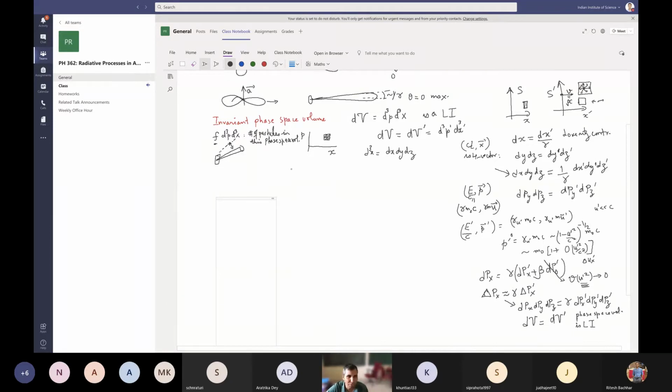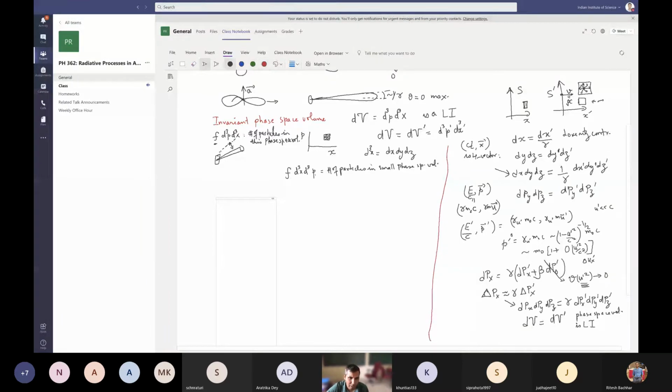Okay, what about the distribution function? We know that f times d3x d3p is equal to the number of particles in a small phase space volume.